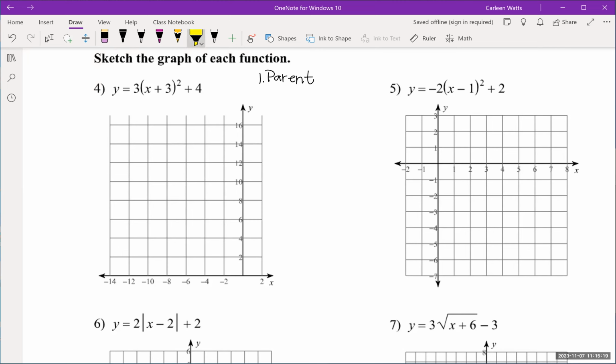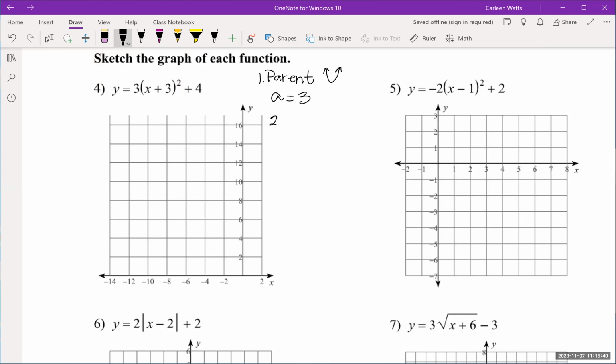Exponent of 2 makes, what is it going to look like, Zoomers? Exponent of 2 makes a U. This is a happy U because A is a positive number. So we're just going to put A equals 3. Positive number, happy U.